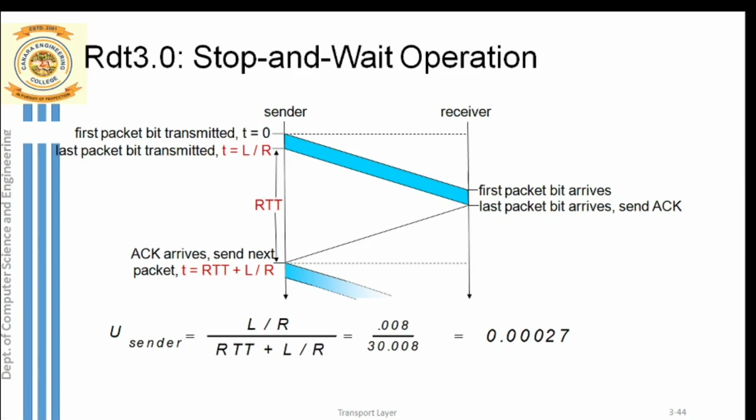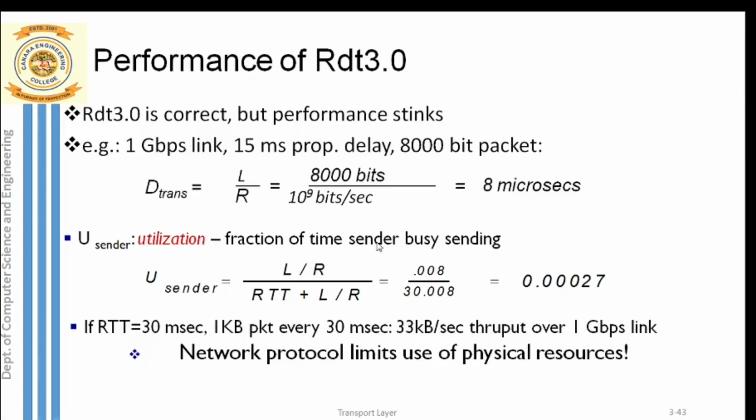But you know that the actual time spent by the sender is how much? 8 microseconds. Converting that to milliseconds, it is 0.008 milliseconds. This is the actual time taken by the sender for sending the packet. Divide that by the total time spent by this packet to travel from sender to receiver and the acknowledgement from receiver back to the sender.